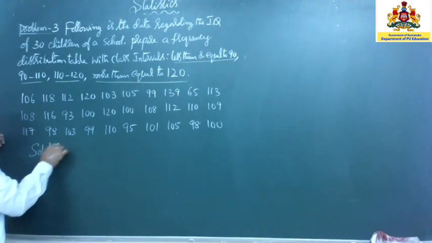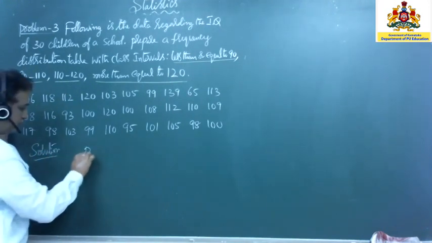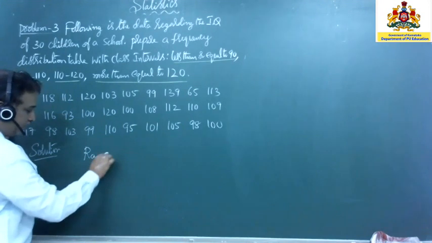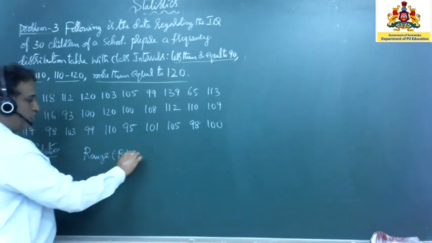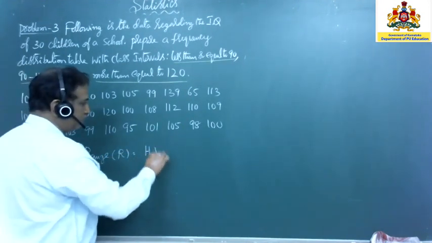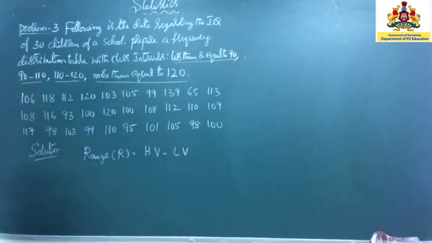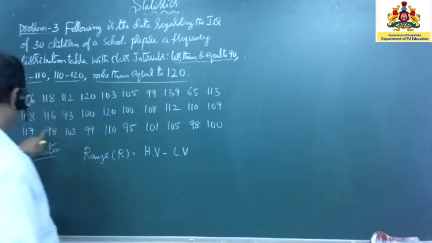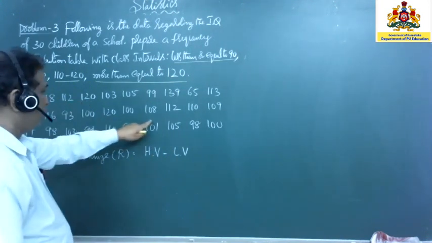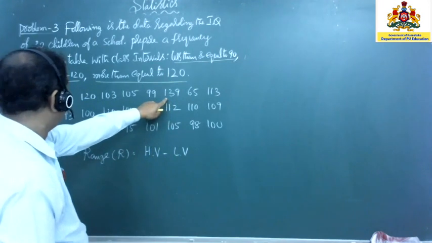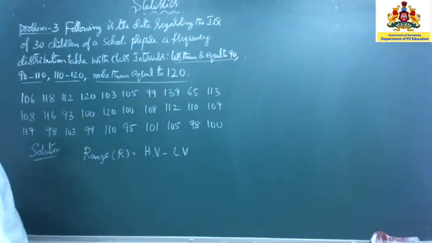you have to find the range. It is not necessary, but you can find out the range, the highest value minus the lowest value. What is the highest value? 139 is the highest value.